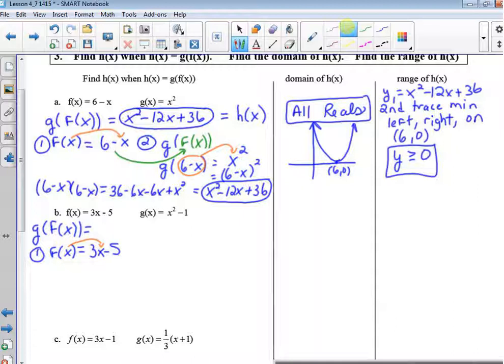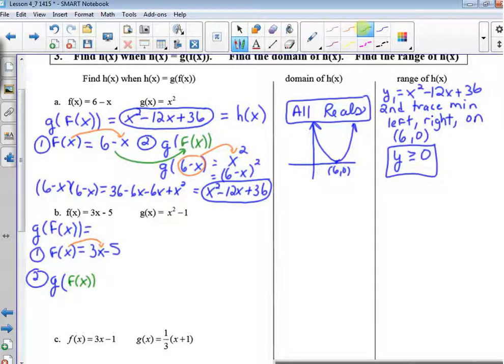But when you replace x with x, you get x, so it's just 3x minus 5. So now what I'm going to be doing is taking that value. I've kind of run out of room on that last one, so I'm going to go down here and put number 2 below. I'm looking for g of f of x.